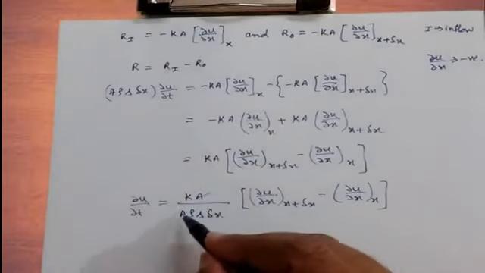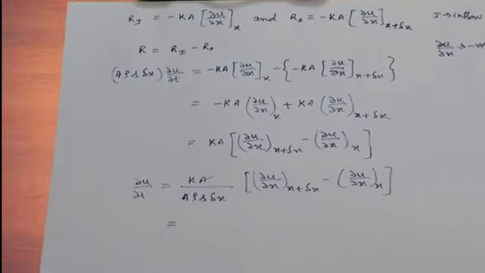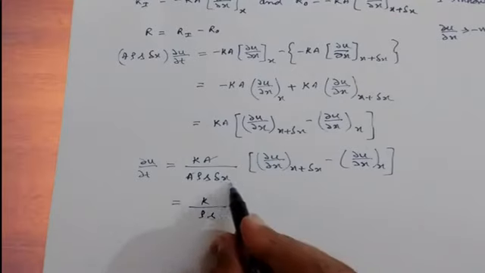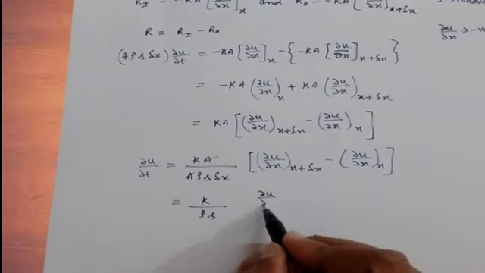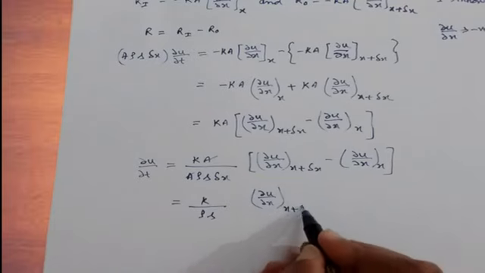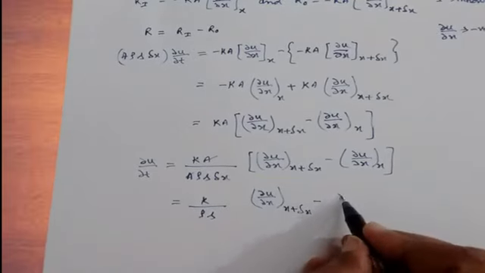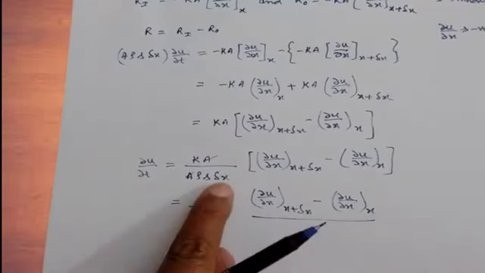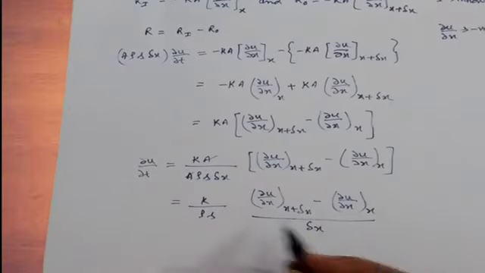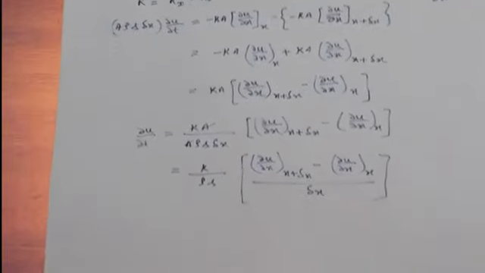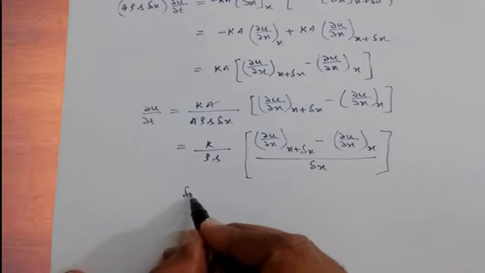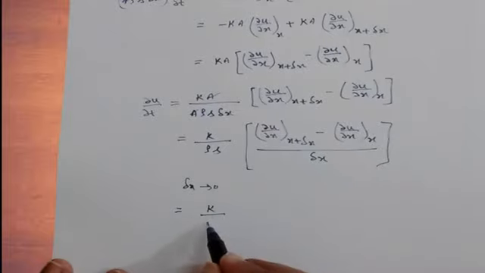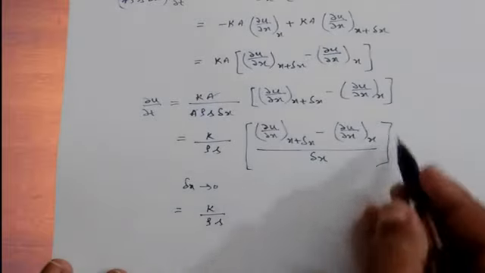We know this A and A will cancel out. We'll be left with K by rho times S. So let us take delta X on this side. It becomes dou U by dou X at X plus delta X minus dou U by dou X at X, whole divided by delta X. As I take the limit delta X tends to 0, it gives us K by rho S times the partial derivative.